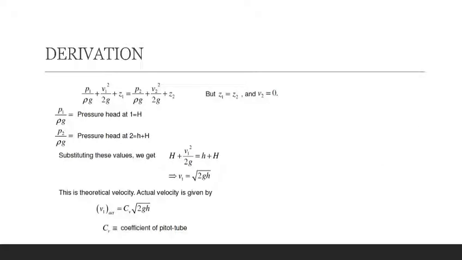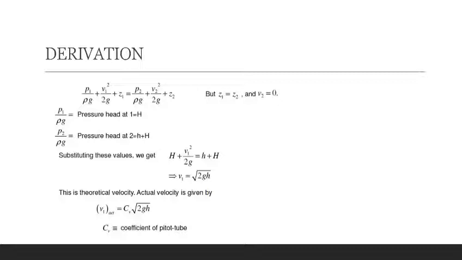Derivation. Here P1 by rho g is the pressure head at 1, which is equal to capital H. P2 by rho g is equal to the pressure head at 2, that is equal to small h plus capital H. But here Z1 is equal to Z2 and V2 is equal to 0.